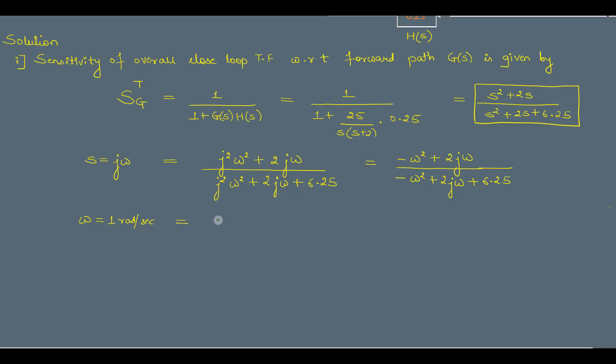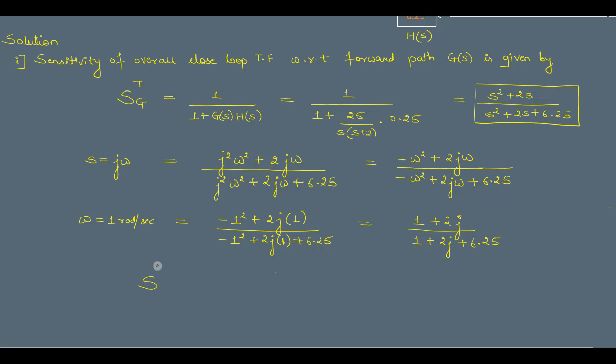Substituting the value of omega, we get (minus 1 square plus 2 into j into 1) upon (minus 1 square plus 2j into 1 plus 6.25). So we will get (minus 1 plus 2j) upon (minus 1 plus 2j plus 6.25).